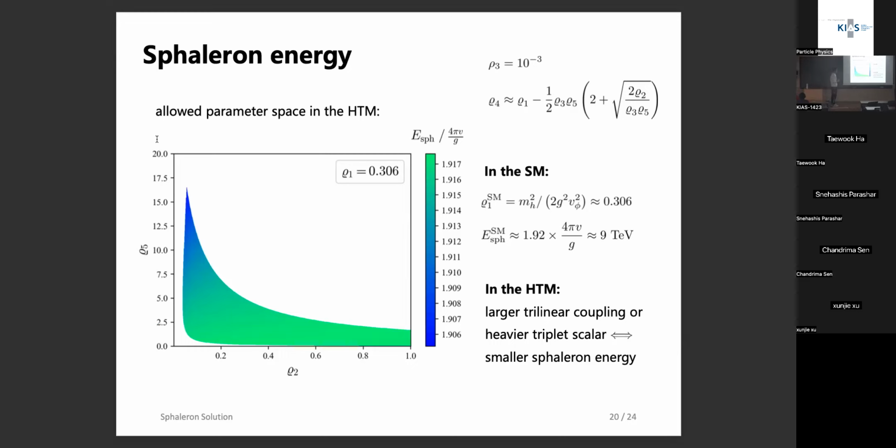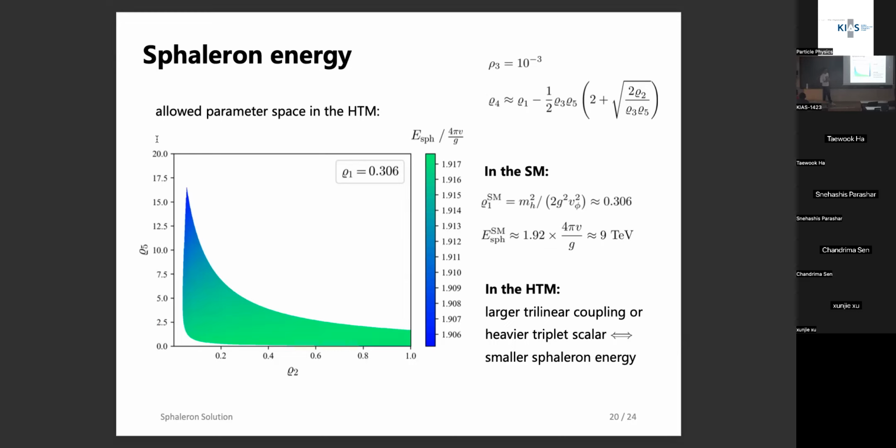So we can see that in the standard model, the ρ1 parameter is completely fixed by the mass of the Higgs boson and the VEV. So in the standard model, the energy of the Sphaleron is also completely fixed.